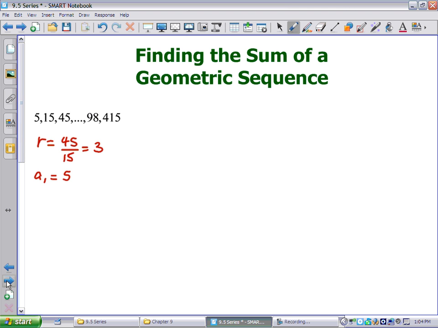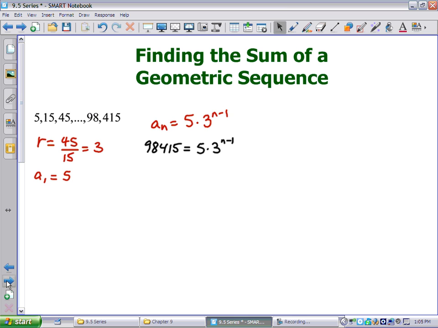So if I write my a sub n, my explicit formula says my first term, which is 5, times my r, which is 3, raised to the power of n minus 1. Now, my a sub n is 98,415. We're going to make that equal to 5 times 3 to the n minus 1 power.